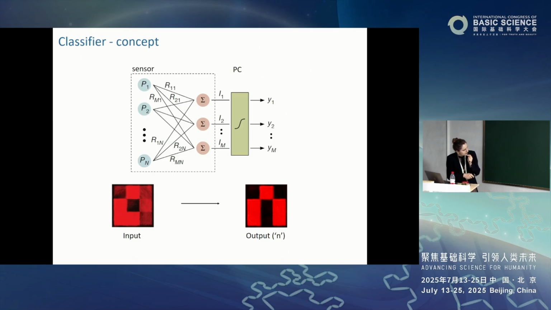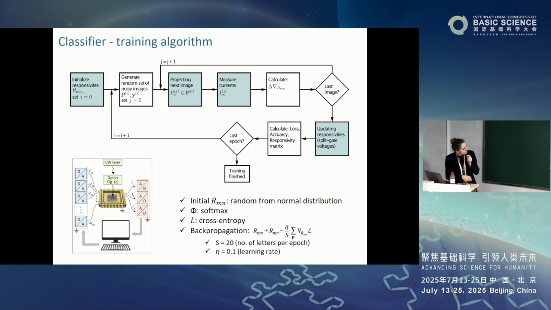So this part is actually our sensor of the neural network. And here in blue are the parts of the training algorithm that were performed on the chip. And white ones are what was happening in the computer. So here is the scheme. Basically, the chip was connected to the computer, and some laser was put on to project images.